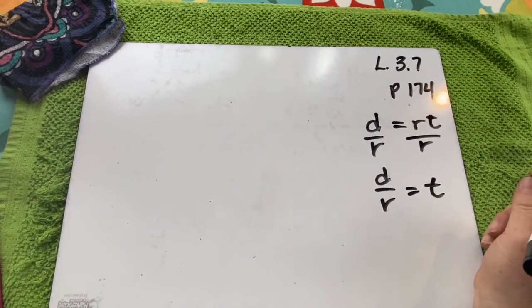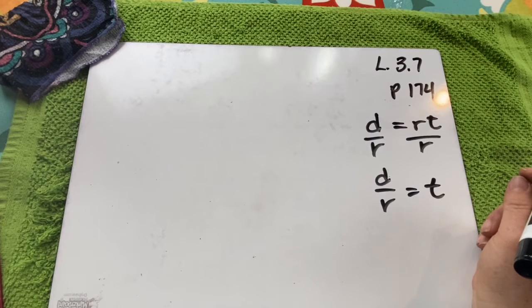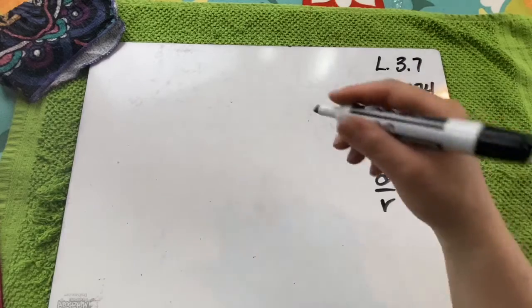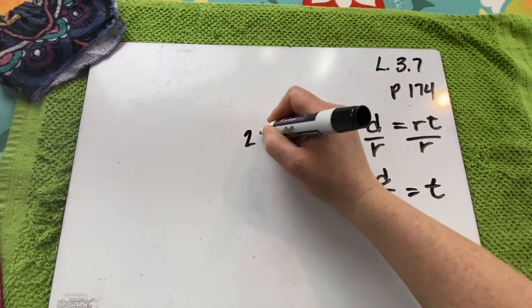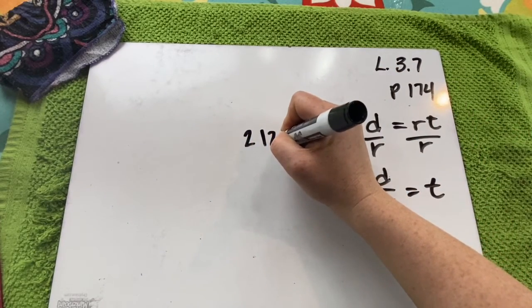Then they said, use your calculator. The Pathfinder's trip took 212 days, right?